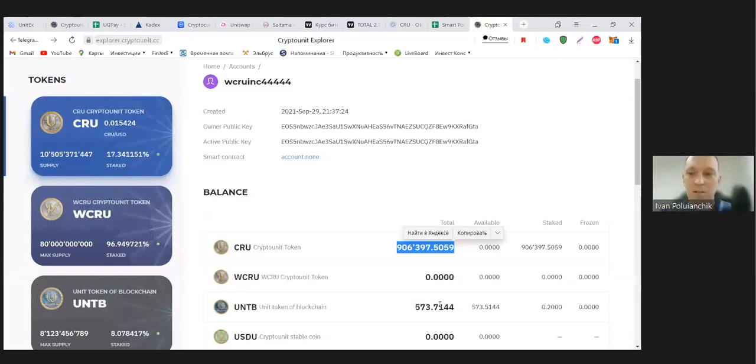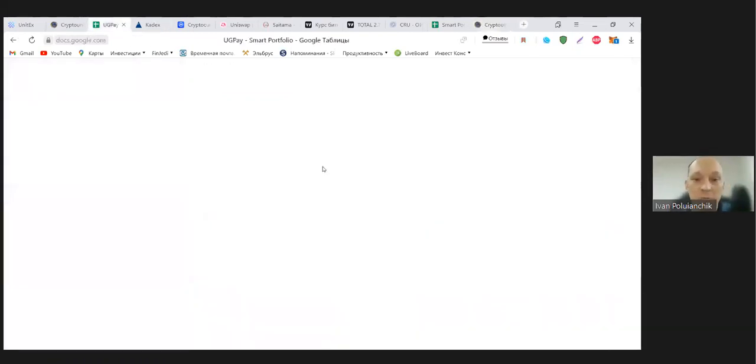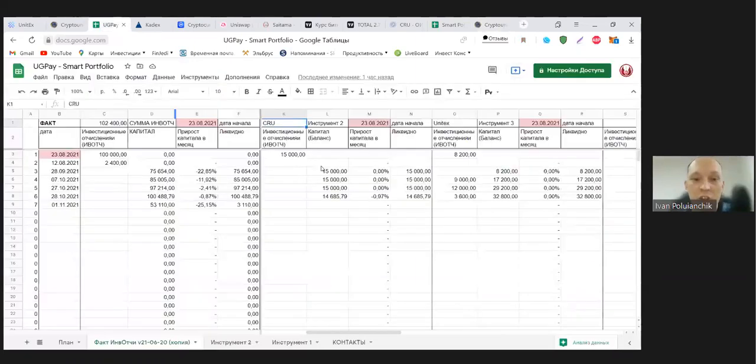And this investment will be waiting for its fine hour when the CRU token grows, and probably we will sell it, probably we won't. So it's not yet a given. Maybe we won't sell it because it might be too valuable an asset, because a lot of different incentives are being prepared to stimulate the growth of CRU token. In future, we will be listed in the CoinMarketCap and it will drive the price up.